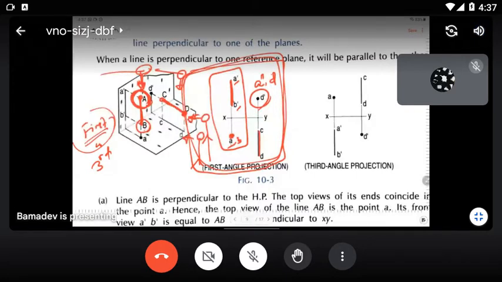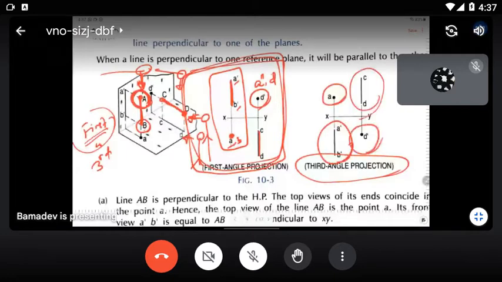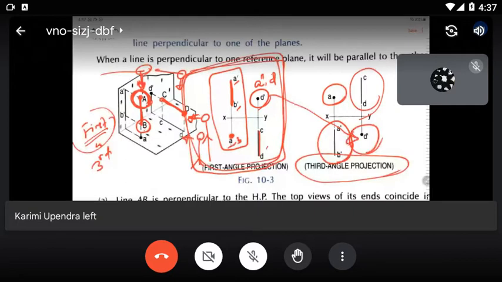It is shown here using third angle projection, just by altering the relative position of front and top view. Are you getting it? Yes, sir. The relative position is just changing. D dash is coming here, CD is coming here.